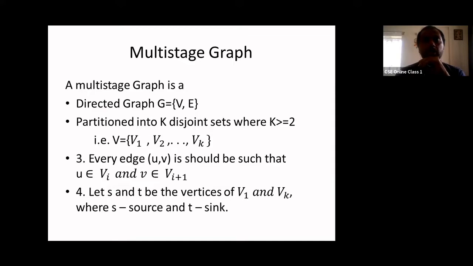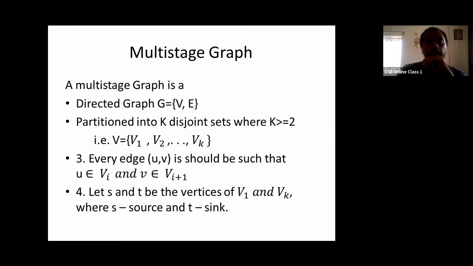So a graph can be divided into k disjoint sets or groups, which we can call vertex groups: V1, V2, V3, and so on, up to Vk. Each of these groups is considered a stage. That is why it is called a multi-stage, or more than one stage, graph.